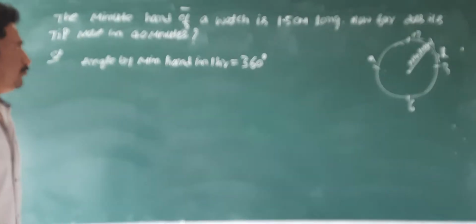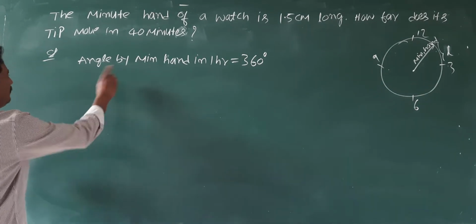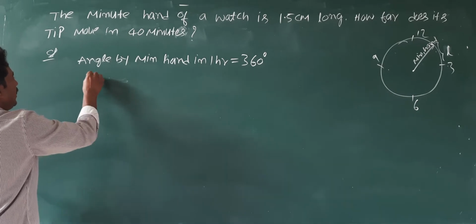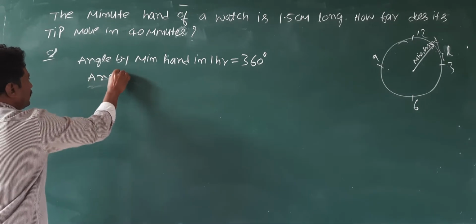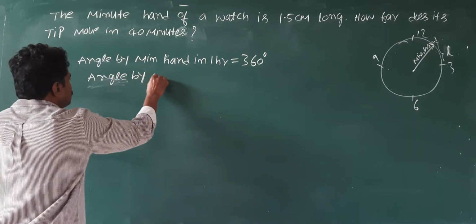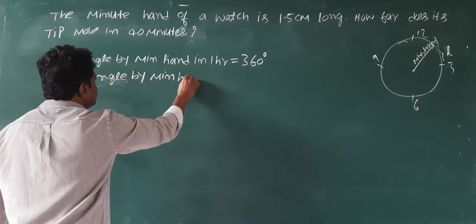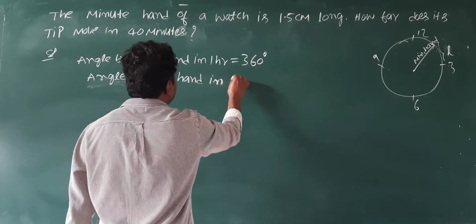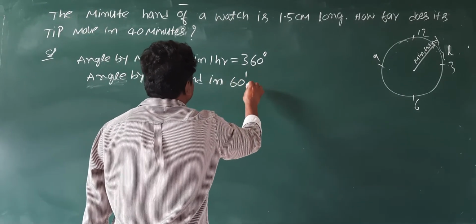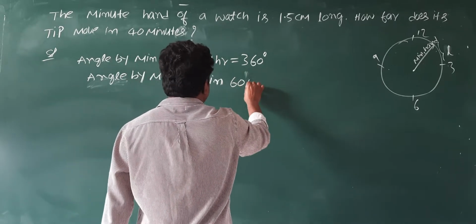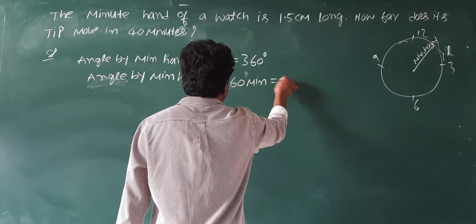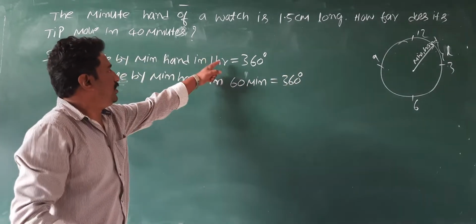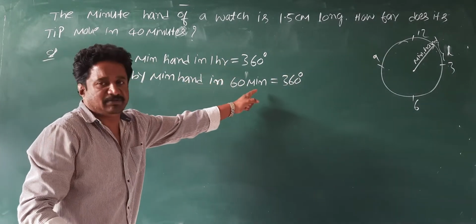So this implies the same thing: angle by the minute hand in 1 hour means 60 minutes. 60 minutes is equal to 360 degrees. In the place of 1 hour, I am taking 60 minutes.